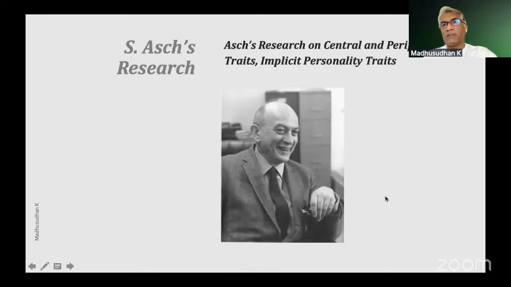Solomon Asch has done a lot of extensive research based on Gestalt theory, psychology, and so he worked on central and peripheral traits and implicit personality traits. So he is the individual who has done that. If you remember, in the first class I talked about him, the Solomon Asch line experiment, a conformity based experiment.